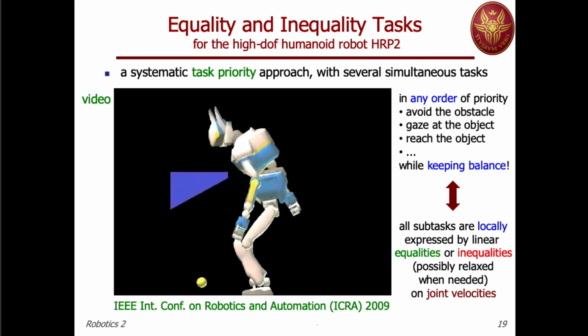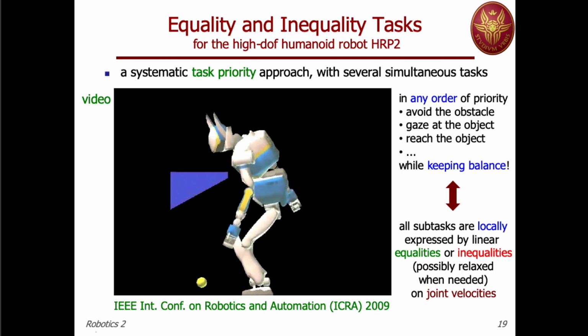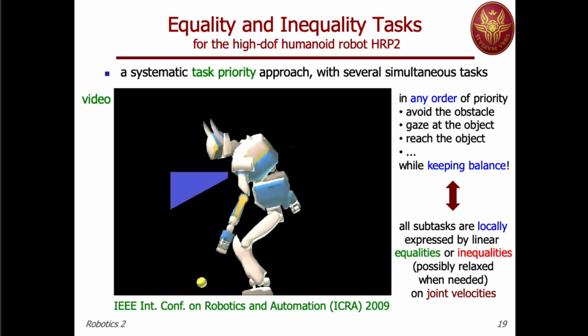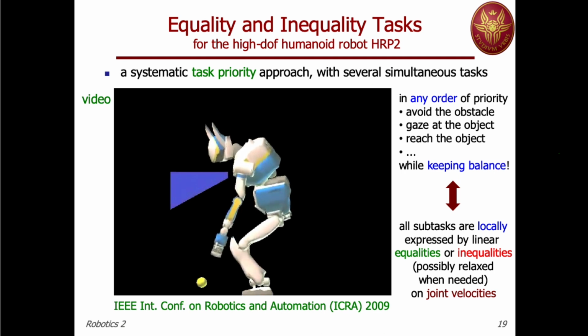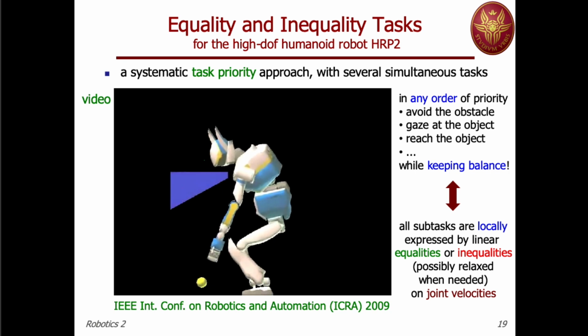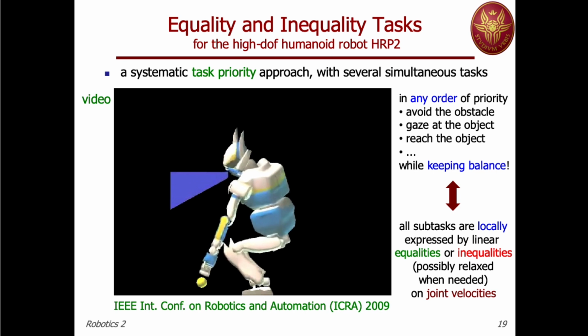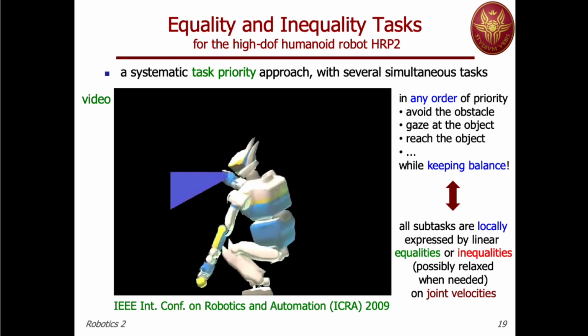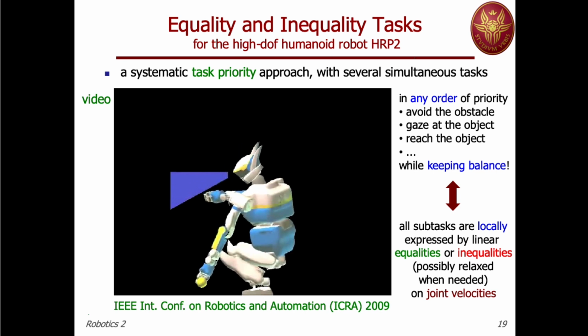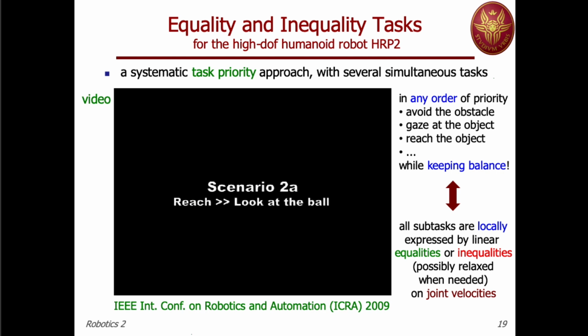Now, the second and third task have been given a different priority. Still, you would like to avoid the obstacle first. Actually, at level 0, you would like to keep the balance. And now you relax the fact that you're looking at the object. You see the robot is looking there. But in this way, he can stretch better and avoid the obstacle and reach the destination.